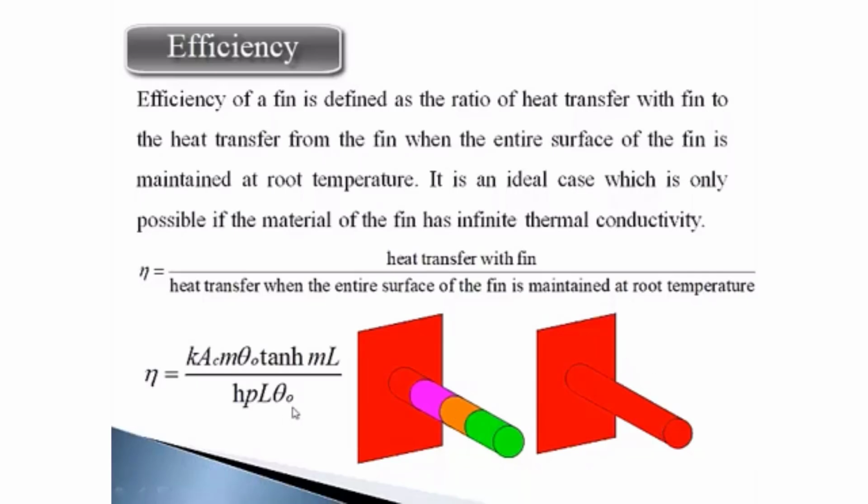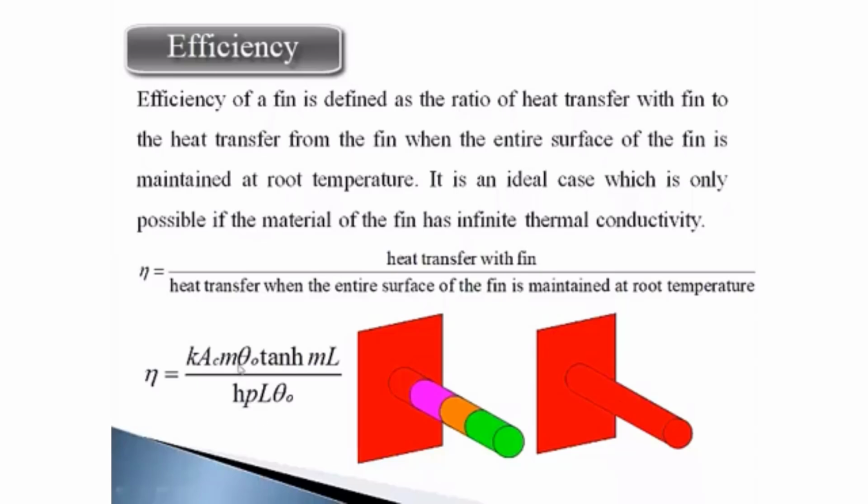So hPL theta 0 is the ideal case convection heat transfer. In the other case, it will not be hPL theta 0, because here it is theta 0, but elsewhere the temperature difference drops, so you cannot use this equation. In this case, the heat transfer from the fin is maximum.